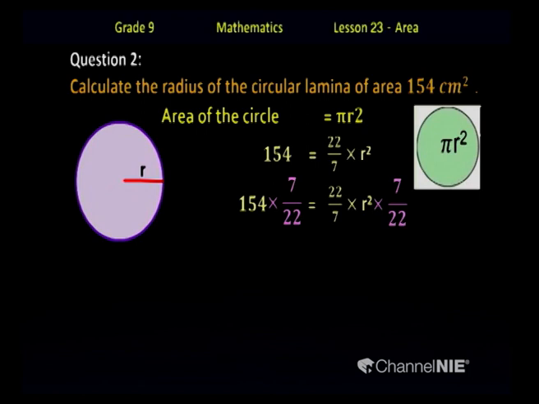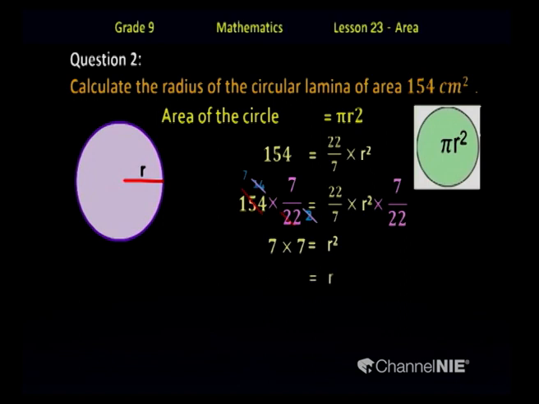Now you can divide 154 and 22 by a factor. The factor is 11. 154 divided by 11, 22 divided by 11, then 14 and 2. Then 14 and 2 you can simplify by 2, and the answer is 7. Then you can write r squared is equal to 7 into 7. 7 into 7 is 7 squared.